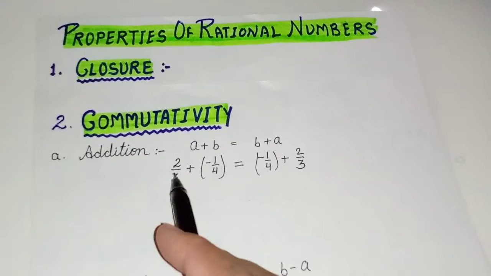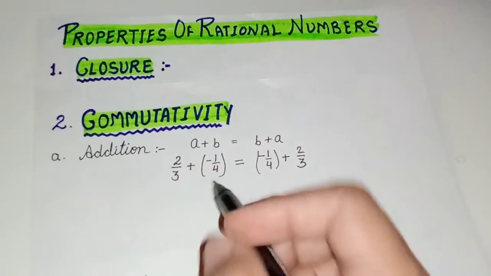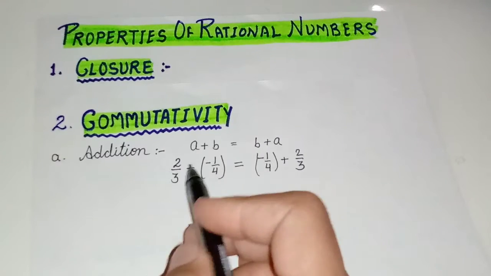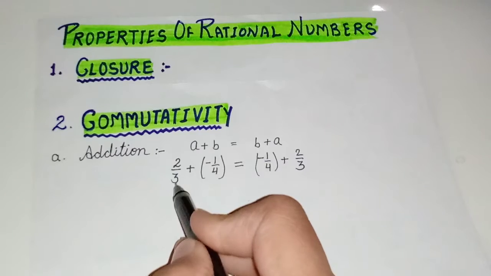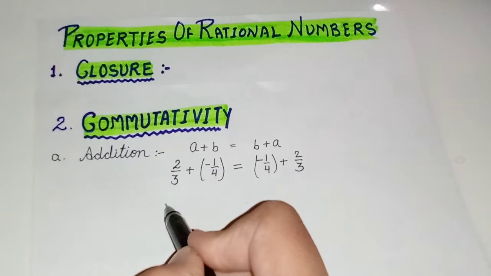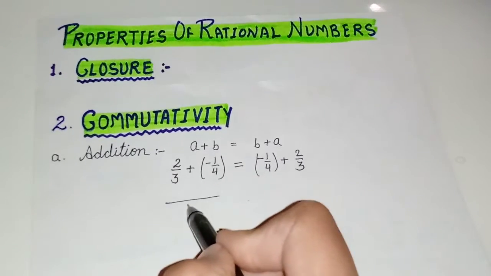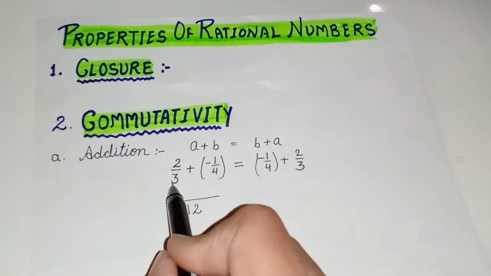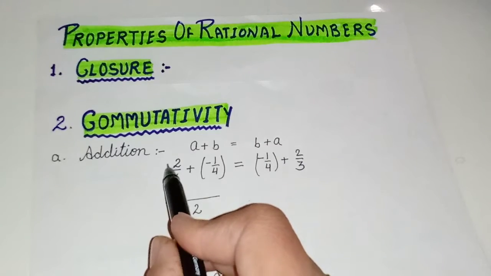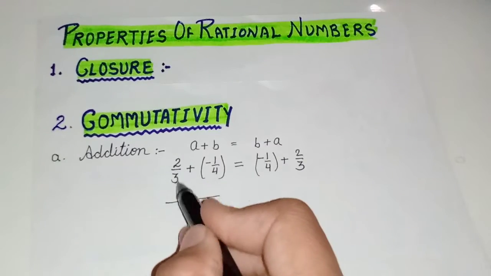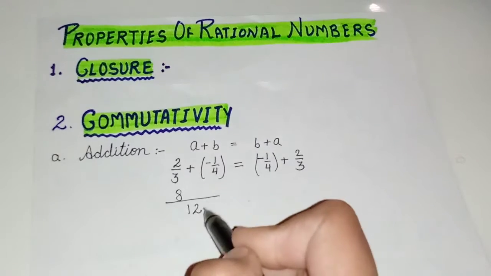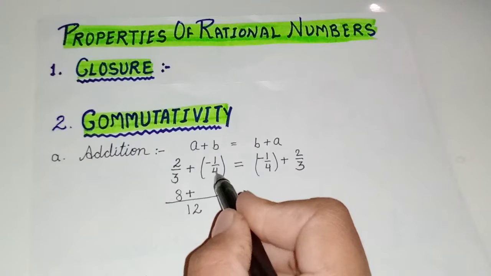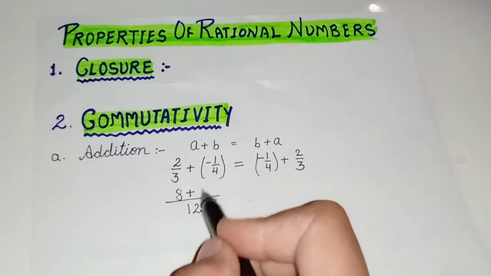So here I am going to solve the first, the left hand side part. We have two rational numbers in addition. 3 and 4 have LCM 12. Right, to make this 3 into 12 we multiplied with 4, so the numerator also will be multiplied with 4. So 2 fours are 8. Then plus, 4 turned to 12, that means it is multiplied with 3.